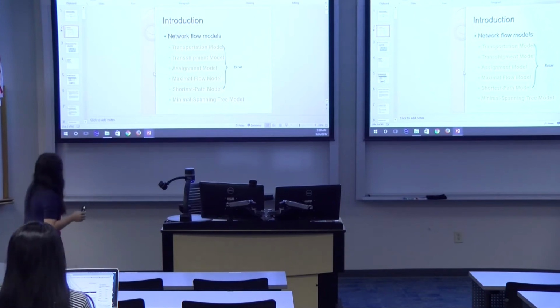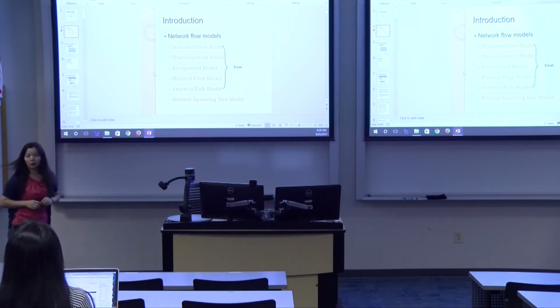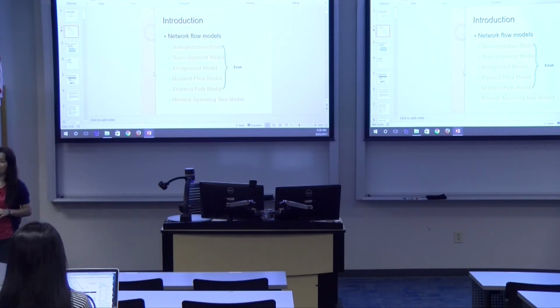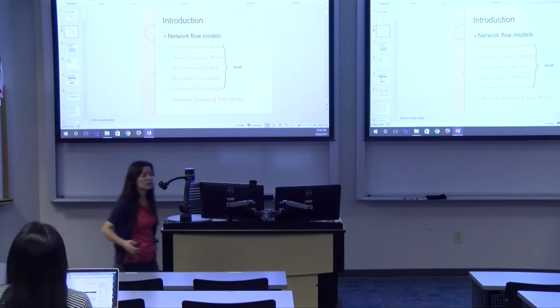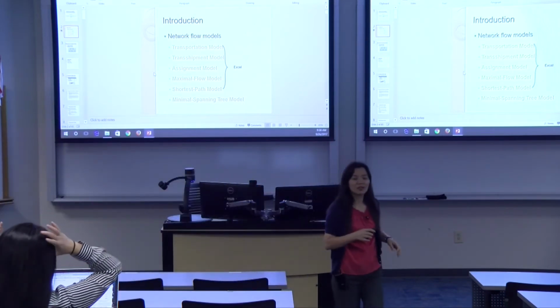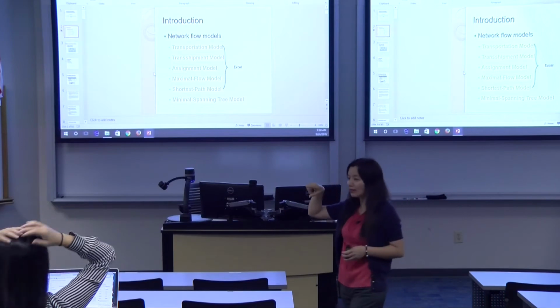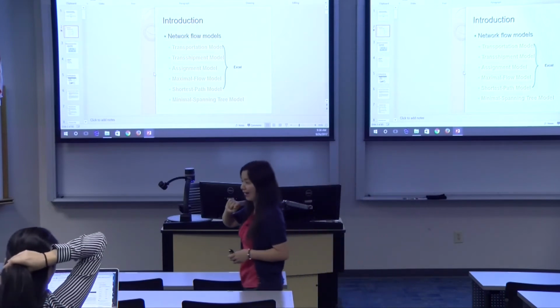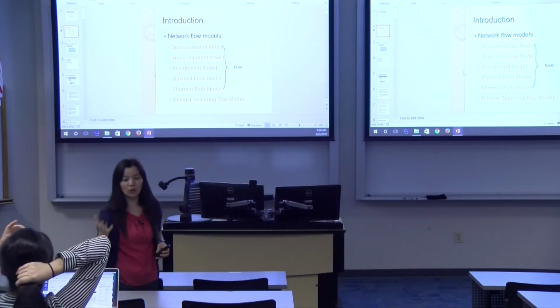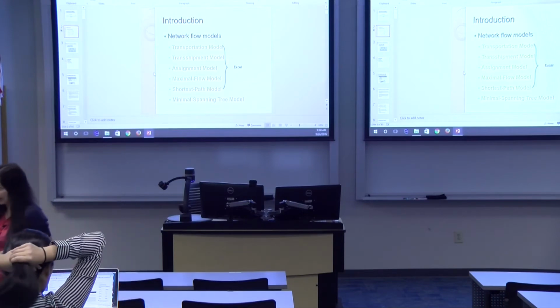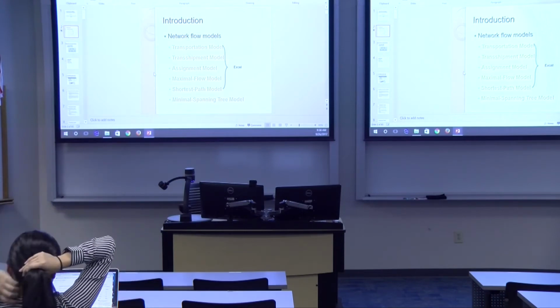Okay. So for the maximum flow model, what is the critical step? Do you remember? Exactly, you have to add a dummy arc. By the way, what is the maximum flow model used for?